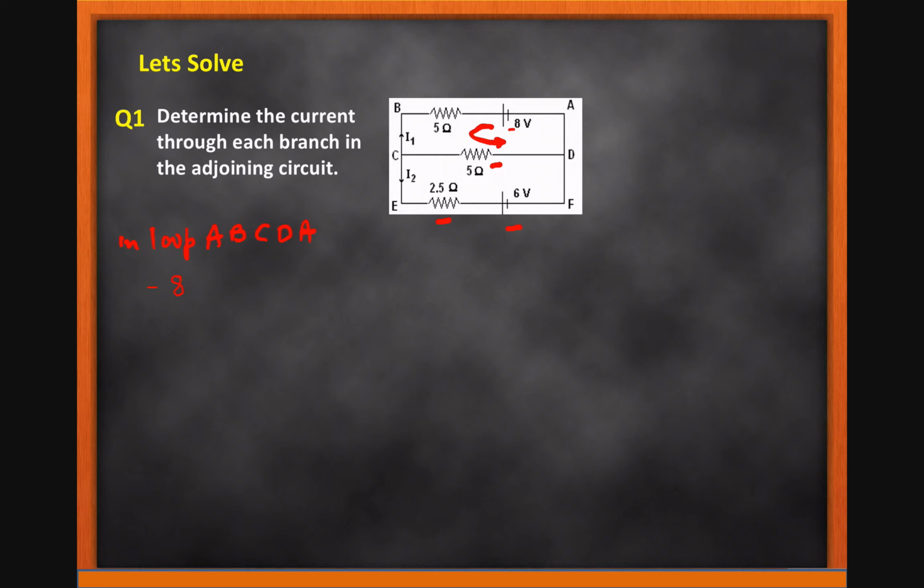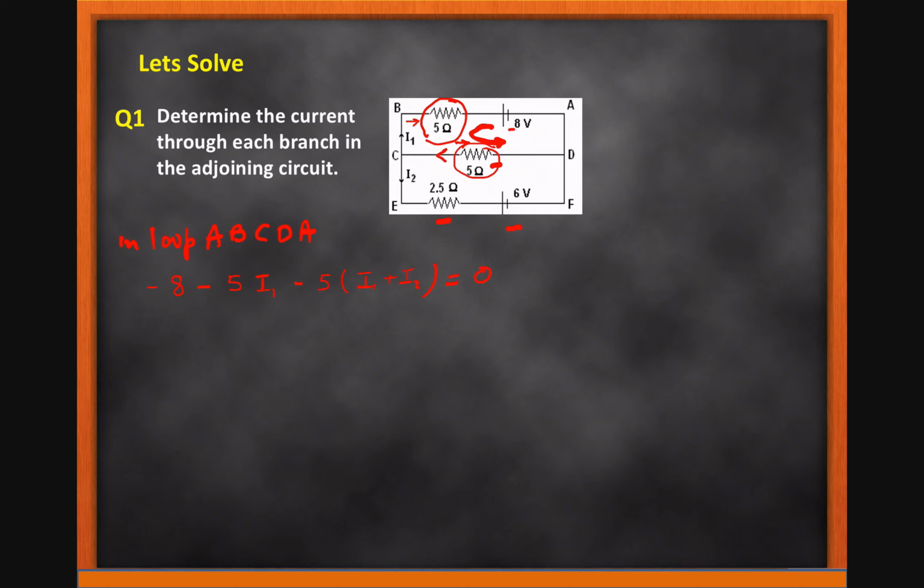Then the potential difference across this is 5 I1. This is negative because the current is moving in this direction and we are moving from A to B, so it should be minus. Then the potential difference across the 5 ohm resistance is 5 times (I1 plus I2). This is minus because the current is moving in this direction and we are moving opposite, is equal to 0.